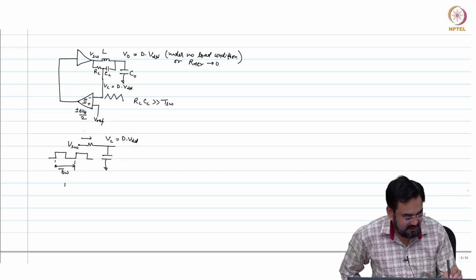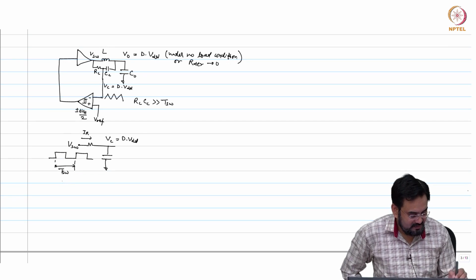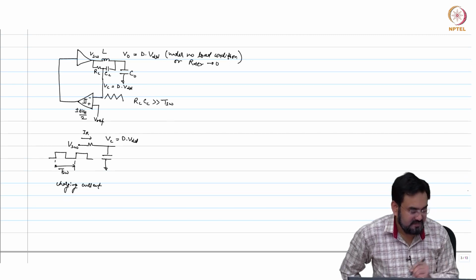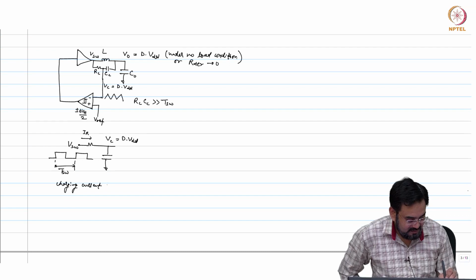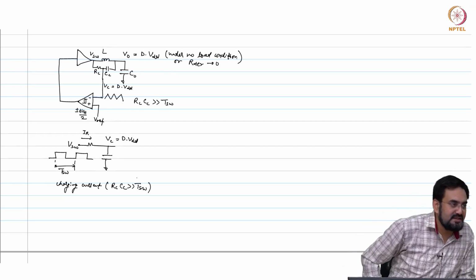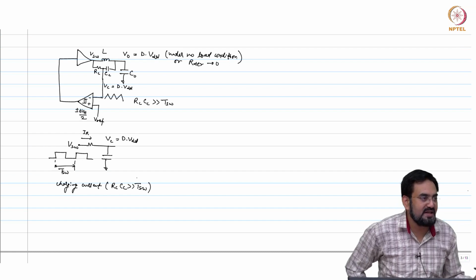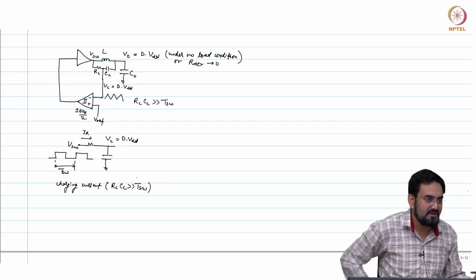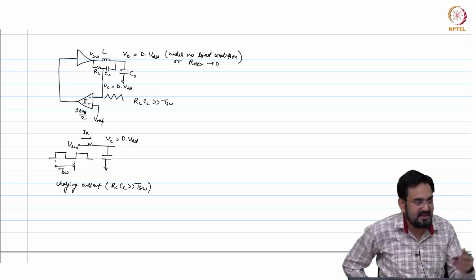So, if I call it IR, what is the charging current? If the RC time constant, Rc Cc, is large, then you can assume Vc as a DC, because VSW is a large signal and Vc is a small signal, even if you consider 50 millivolt of ripple, because VDD is, let us say, 1.8 volt.